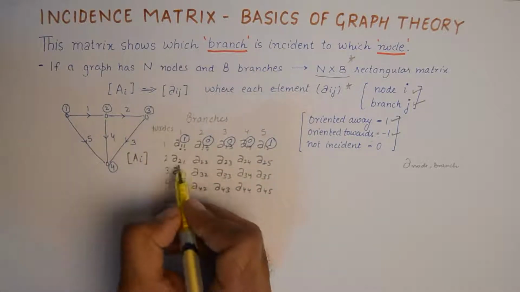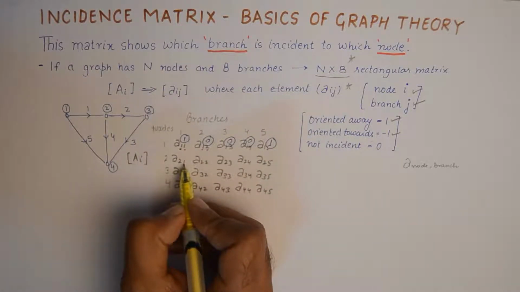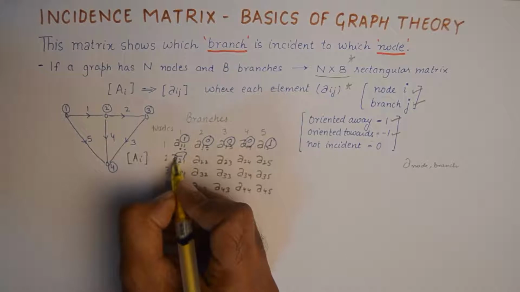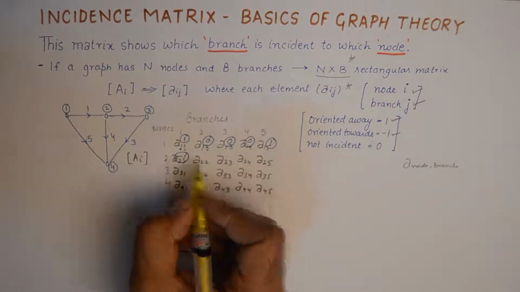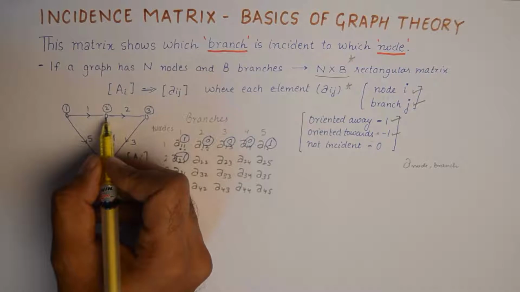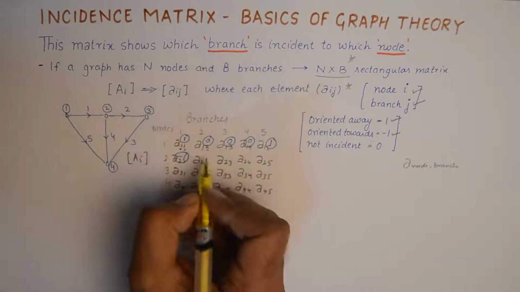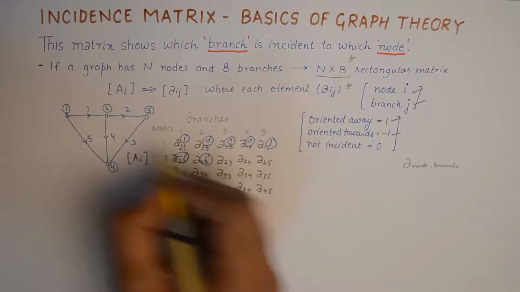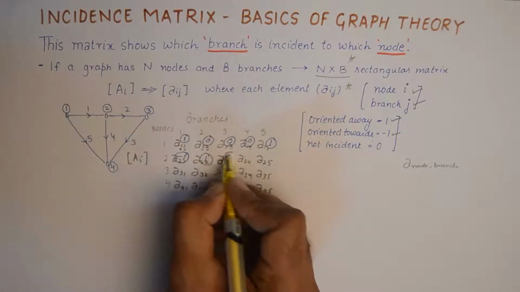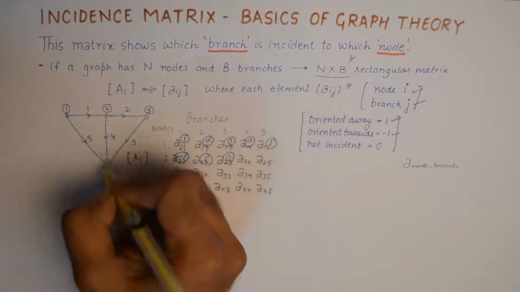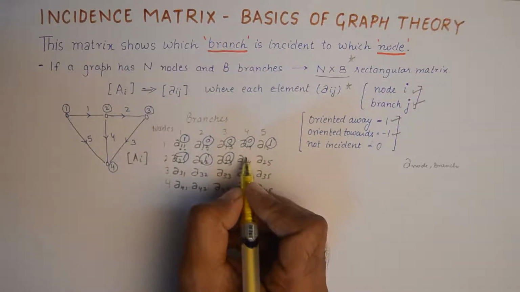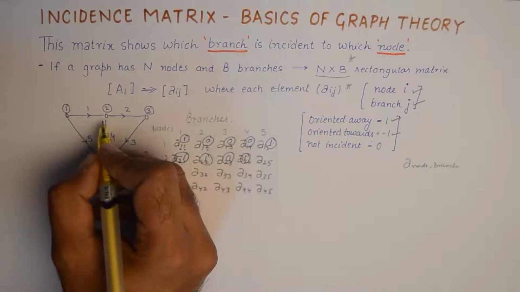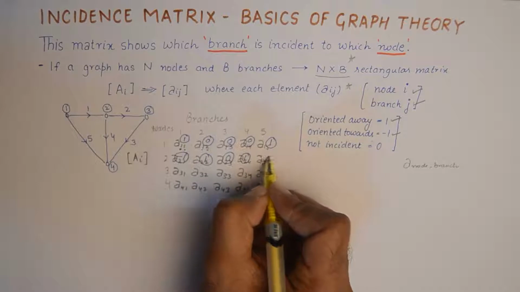Now let's talk about node 2. Is branch 1 connected to node 2? Yes, and it is moving towards it, so we'll put a -1. a_22, yes, branch 2 is connected to node 2 and it is moving away, so we'll put a 1 here. And similarly 3 is not connected to node 2, so we'll put a 0 here. 4 is moving away from 2, surely it is connected, so we put a 1 here. 5 has got no relation whatsoever to node 2, so we put a 0 here.